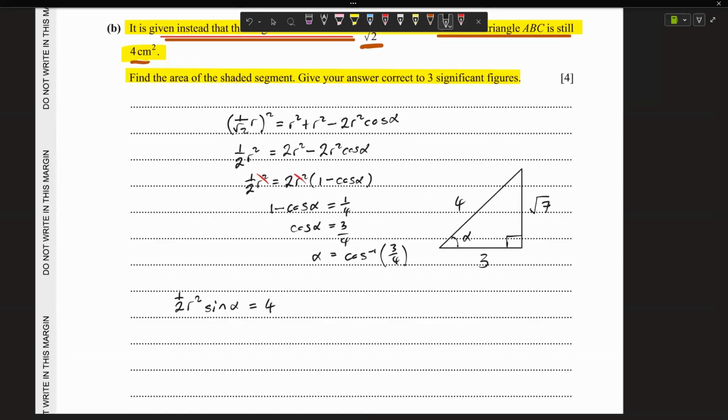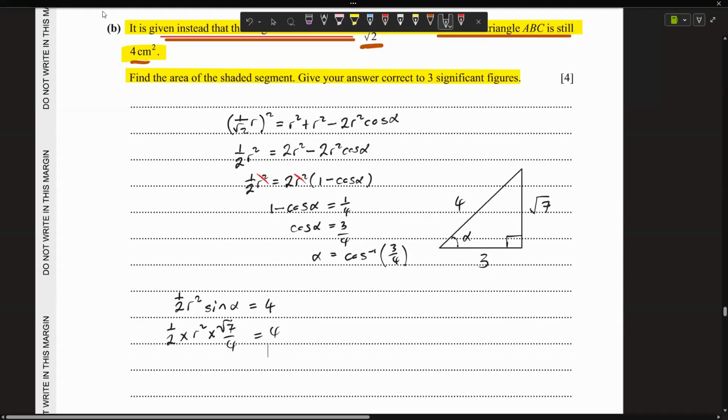This is as good as a half times r squared times sine alpha. Sine is opposite over hypotenuse here, so root 7 over 4. Root 7 over 4 is equal to 4.